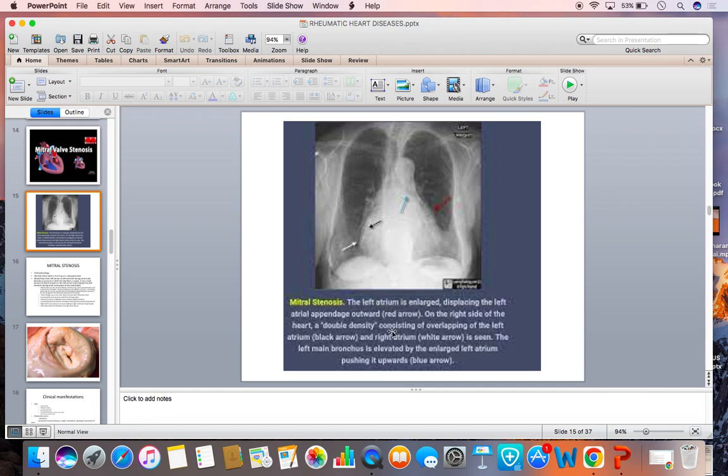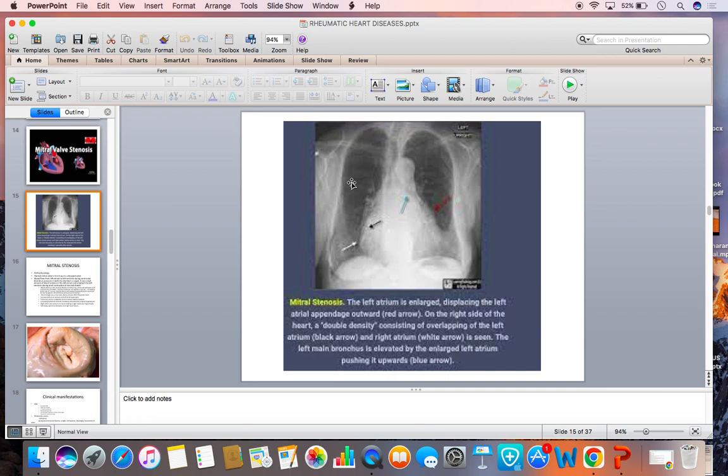You can see on the right side a double density, overlapping of the left atrium and right atrium. This is the right atrial margin, this is the left atrial margin. Both are overlapped there. You can also see the left main bronchus is elevated by the enlarged left atrium, pushing it upwards. This is what happens.